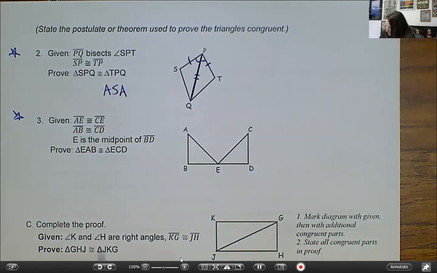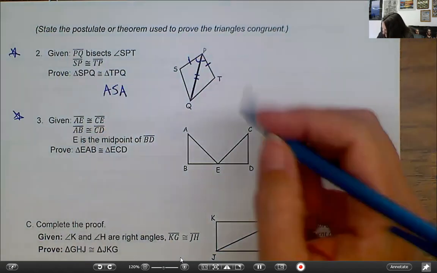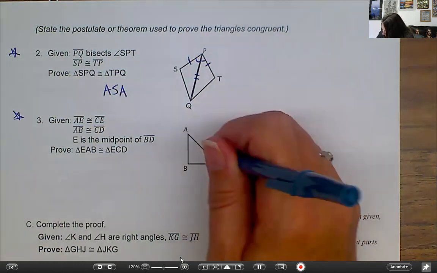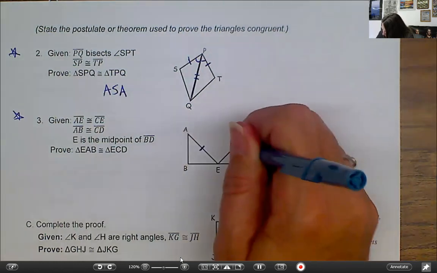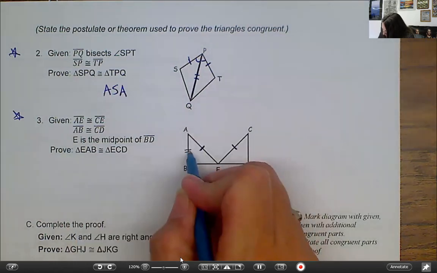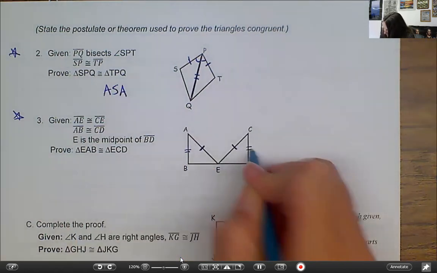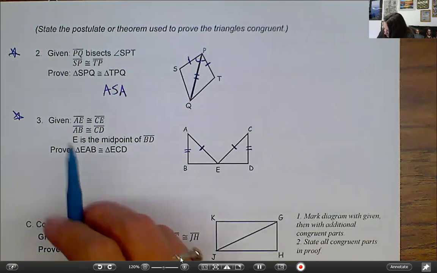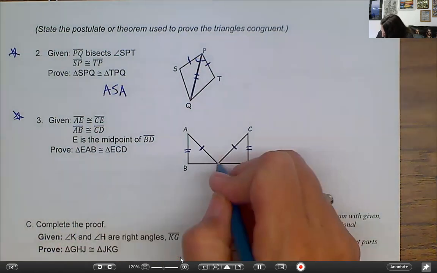Okay, and then this last one, same thing again. AE congruent to CE, so AE and CE. Then AB congruent with CB. And then we're told that E is the midpoint.